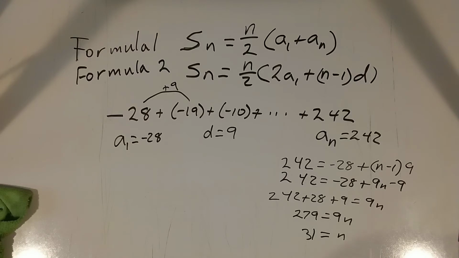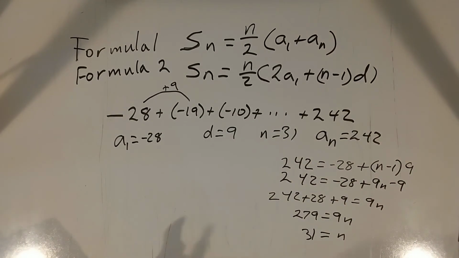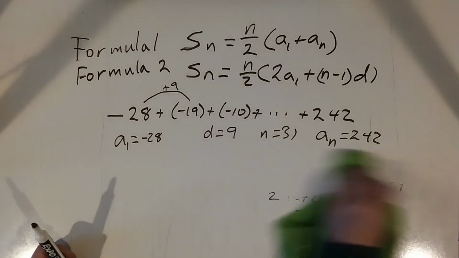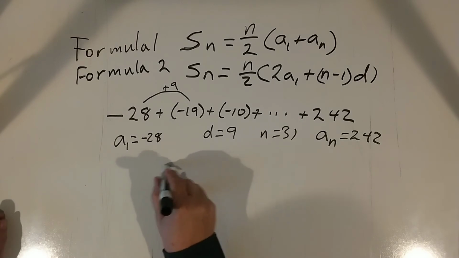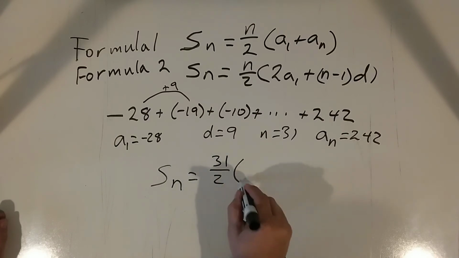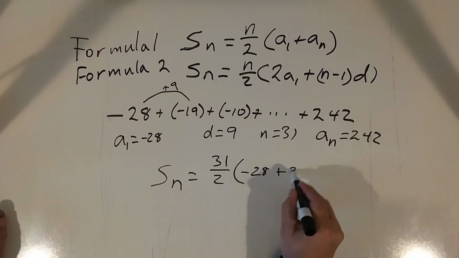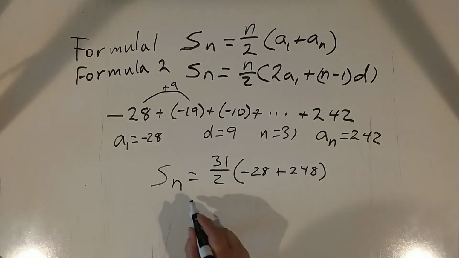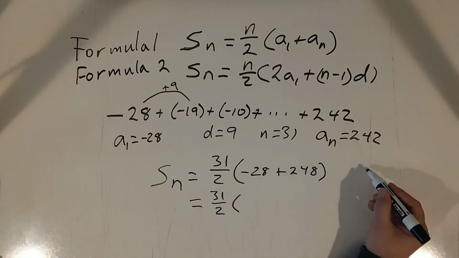So now that I know that I have 31 numbers in the sequence, I'm ready to find the partial sum, and I'm going to do that using formula 1, that the sum is equal to n over 2 times the first term plus the last term. So I have 31 over 2 times, and now this is 220.